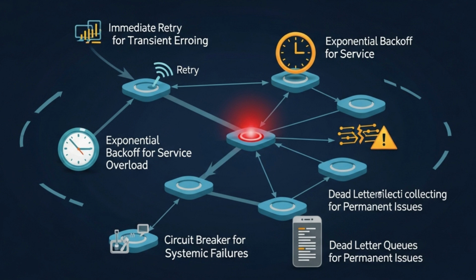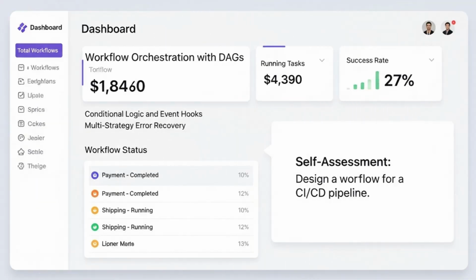We've covered a lot of ground today, transforming our understanding of simple task queues into a comprehensive view of production-ready task orchestration. Let's quickly recap our learning objectives. You should now be able to, first, understand the principles of workflow orchestration by modeling task dependencies as directed acyclic graphs and how topological sorting dictates execution order. Second, you learned to implement conditional execution using predicate functions, enabling smart, adaptive workflows.